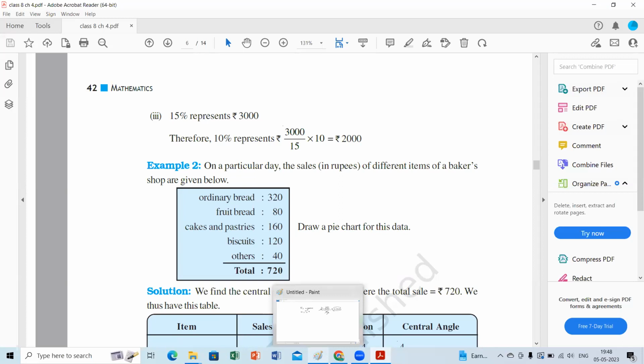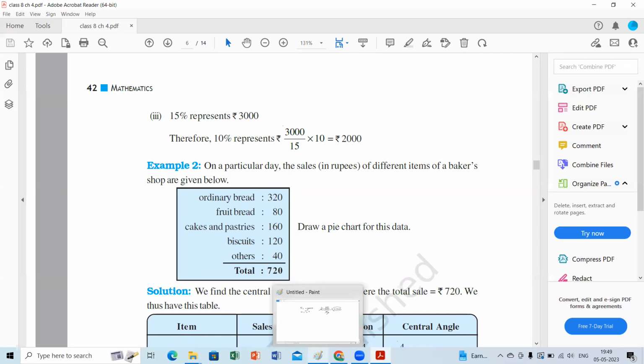Once you have the fraction, to construct the sector angle, how are you supposed to proceed? 320 divided by 720, and that's very good. Then you should multiply with 360. Very good.